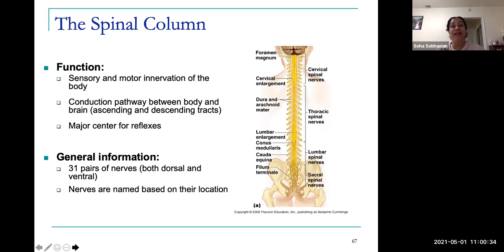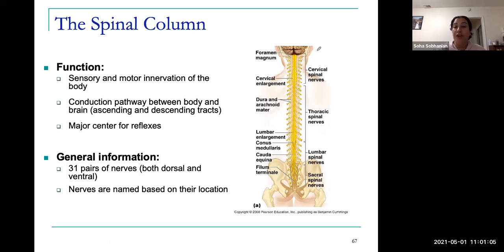And if data needs to go out, which means in terms of motor, it goes through the spinal cord and comes out of that to go to the rest of the body. As I mentioned at the beginning of the lecture, it is also acting as the reflex center. So if you touch something hot or you walk on a surface that is cold or sharp, that reflex of immediately pulling away your limb has to do with your spinal cord, not your brain.